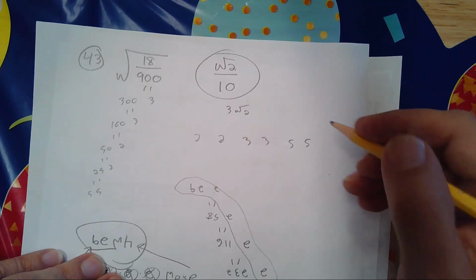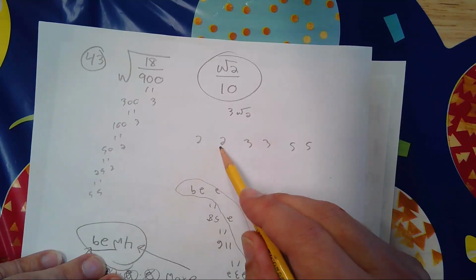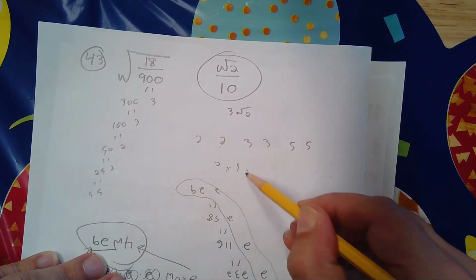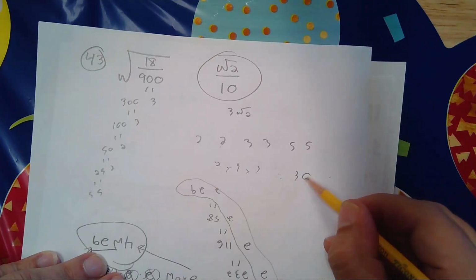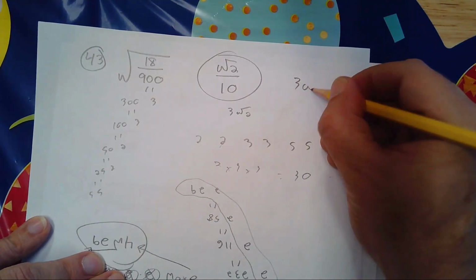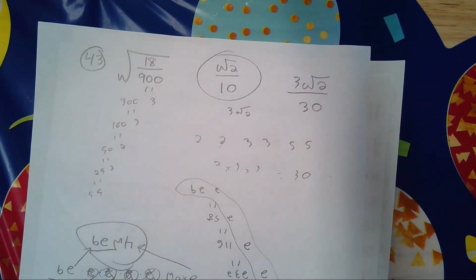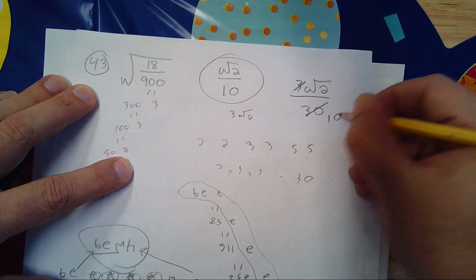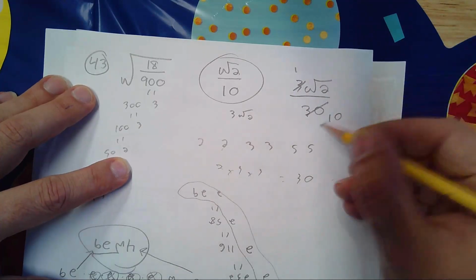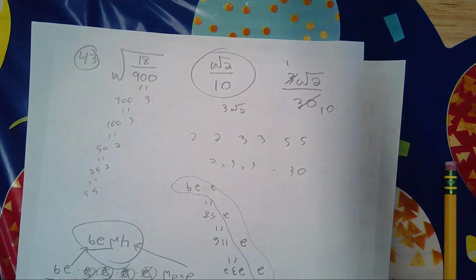Well, it was 3 root 2 over 30. 3 times 5. So you'd end up with 3 root 2 on top and a 30 on the bottom. Okay, so yes, I just did wrong, and then this turns into that. Anything times 1 is itself. And there we go. Okay.